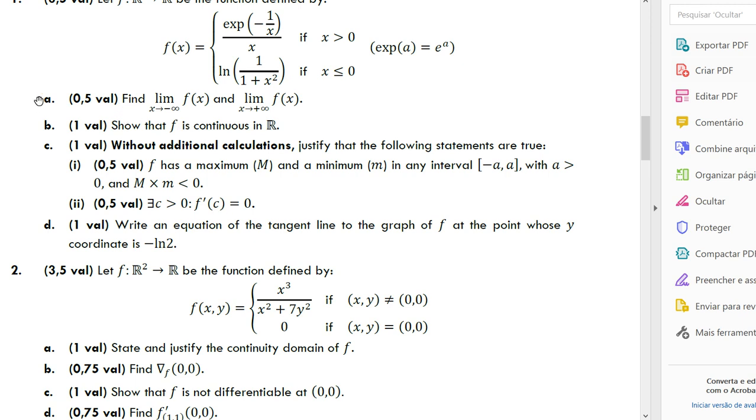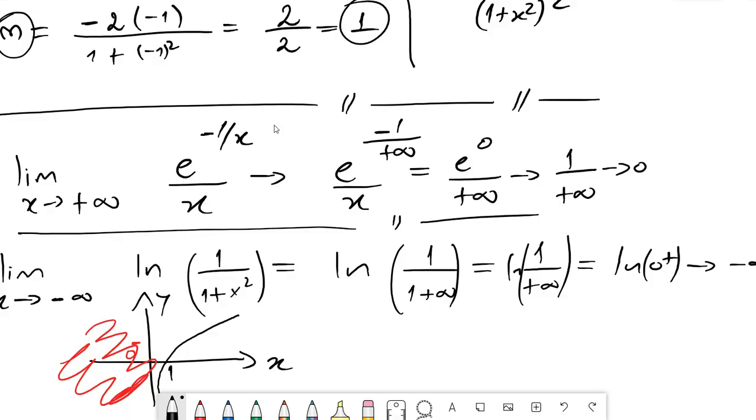Okay, now we go back to question A, the limit to minus infinity and plus infinity, right? So the limit to plus infinity, that will be e to the power of minus 1 over x dividing x.